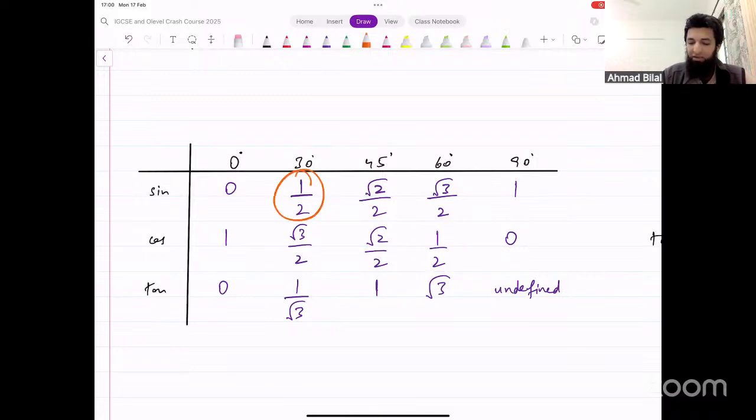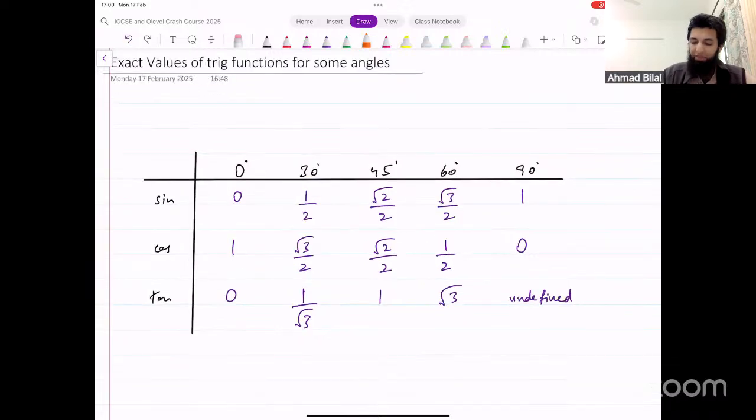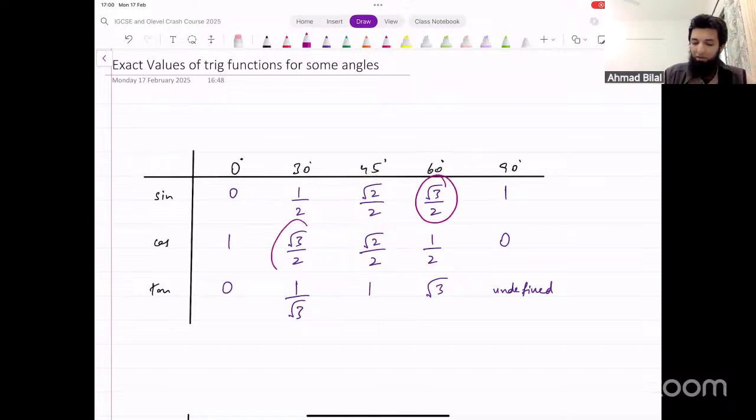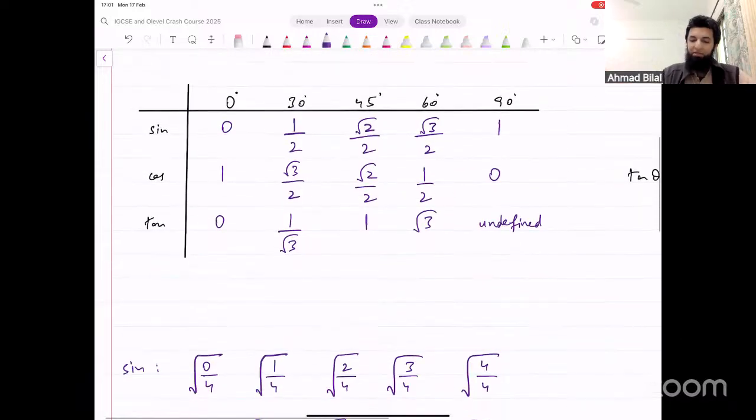So sine 30 and cos 60, they're both the same. Sine 45 and cos 45, they're also both the same, square root of 2 over 2. And then sine of 60 and cos of 30, they're also both the same. So once you've done some practice, you will tend to remember them anyway. But if you can't remember them right away, this is the way to do them.